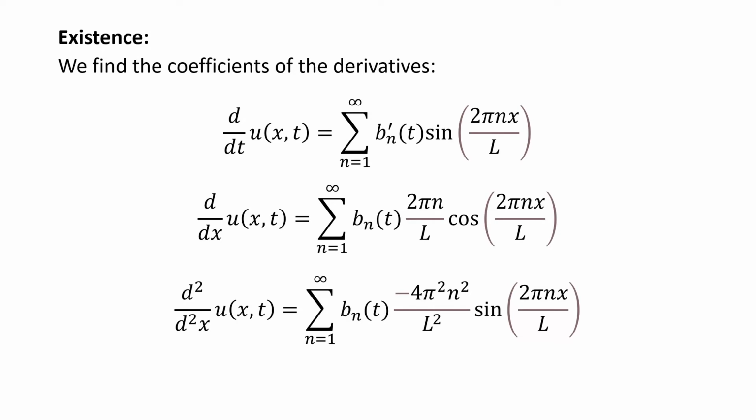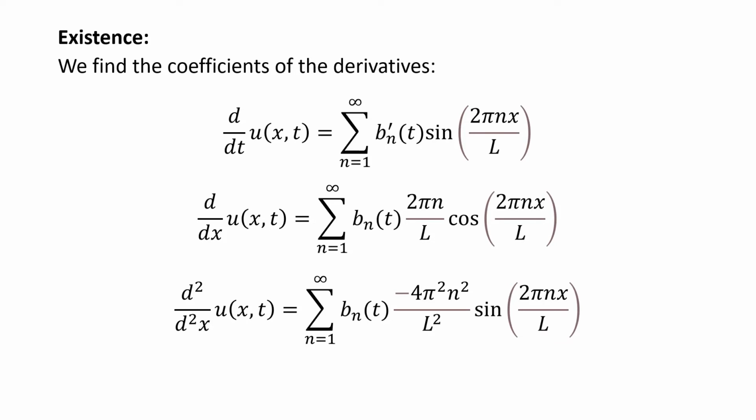we take the second derivative of u in x, and simple calculations now lead to the following. That equals the infinite sum, starting at n equal 1 up to infinity, of b_n(t) times negative 4 pi squared n squared divided by L squared times the sine of 2 pi n x over L. Now let me remark that with these calculations, what we actually do is we express the derivatives of u in terms of Fourier series.